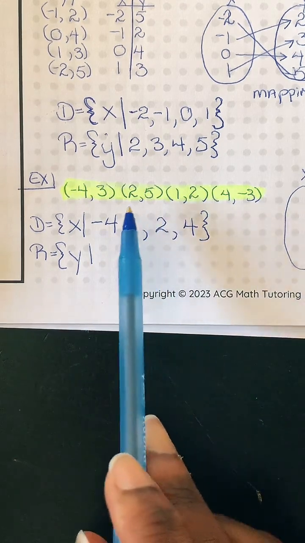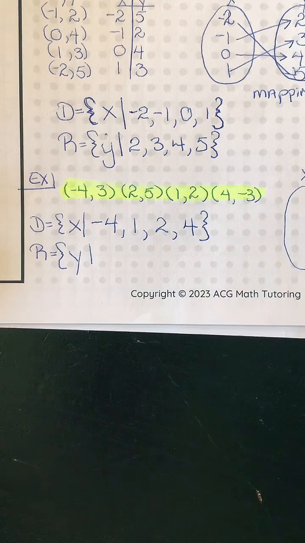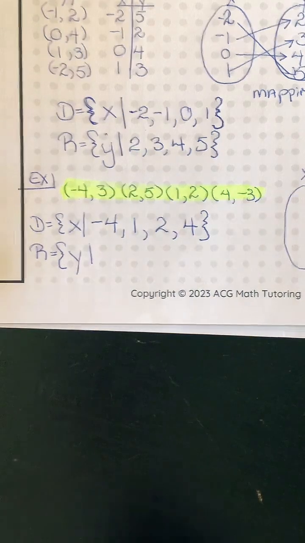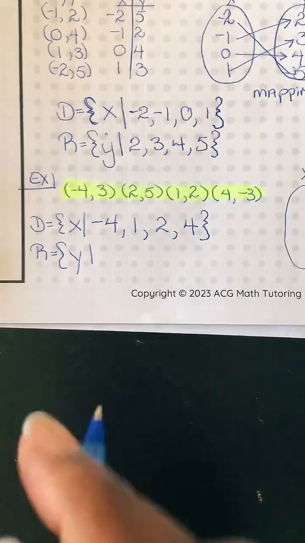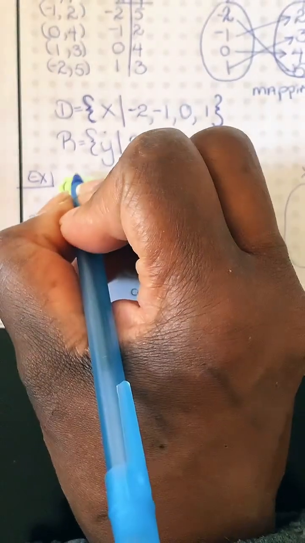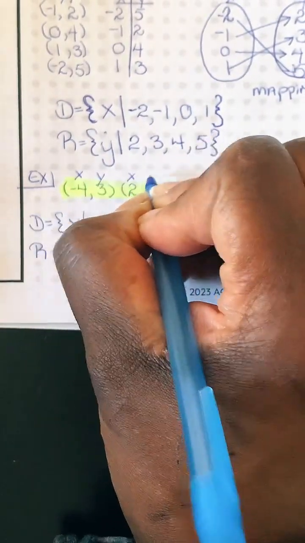So for V, it's going to be the Y values of the ordered pairs, so we're actually going to list them out. Remember, the first number is our X, the second number will be our Y's.